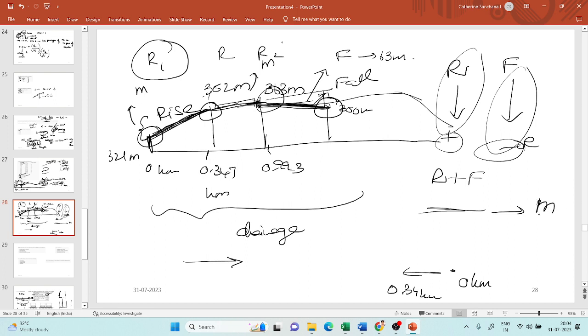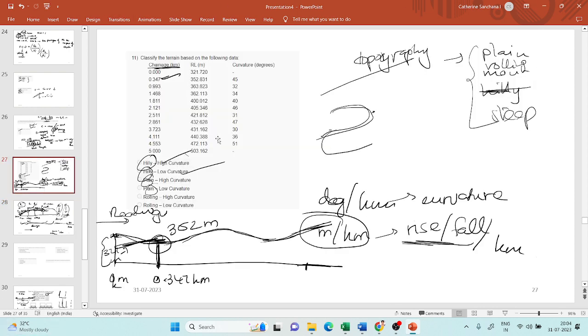This has to be divided by the kilometers, by this longitudinal profile. How much distance has this covered? If you see, it starts from 0 kilometers and it goes to 5 kilometers. So the total gradient change for 5 kilometers has to be found out.